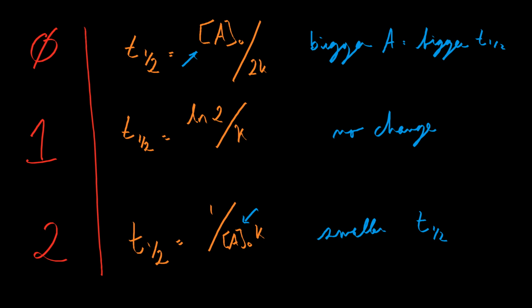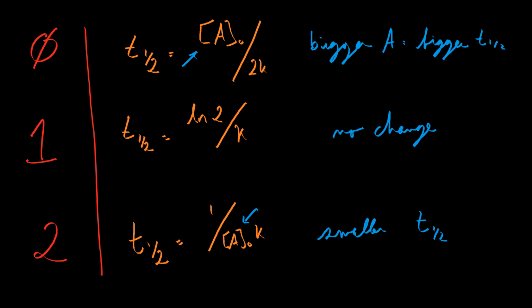For a first order reaction, the reaction rate increases directly with the concentration. So having more stuff present will increase the reaction rate. Having less stuff present decreases the reaction rate. And the overall effect of that is that the half-life stays the same regardless of how much stuff is present. Okay, it's a nice smooth curve.